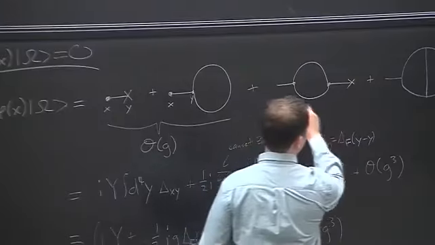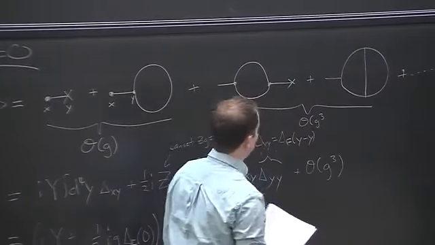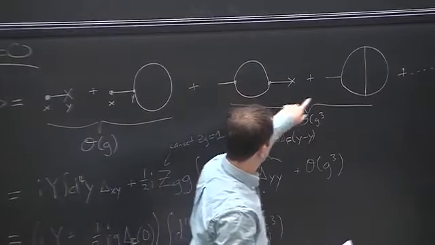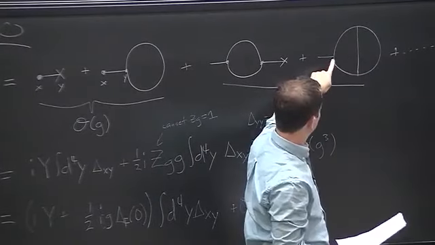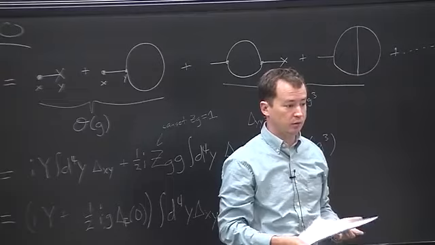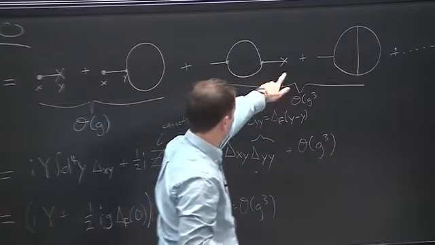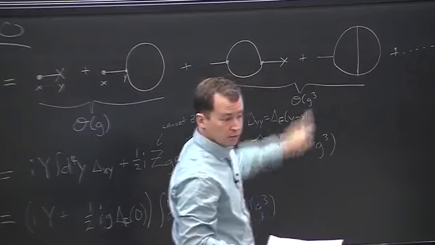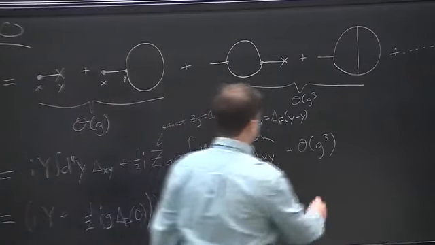These diagrams here, these are O of g cubed. So this one has 3 vertices, which have a zg g, so the contributions there start at g cubed, and same here, assuming that y starts at order g.